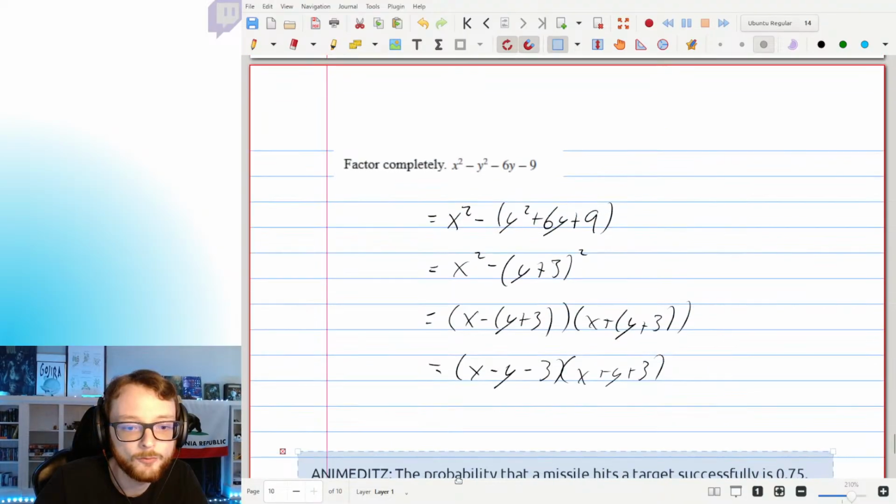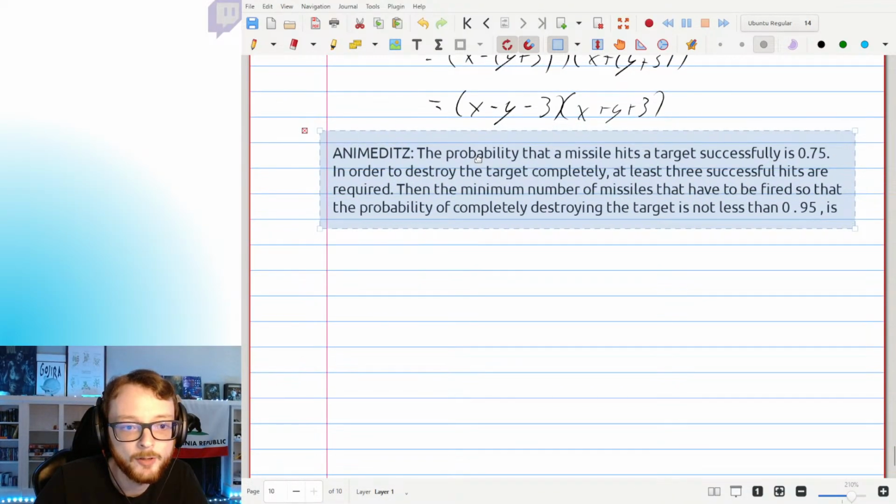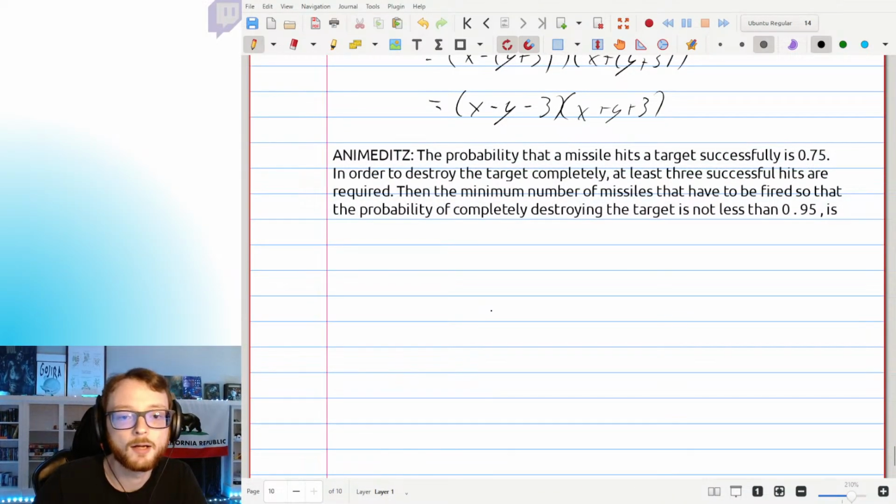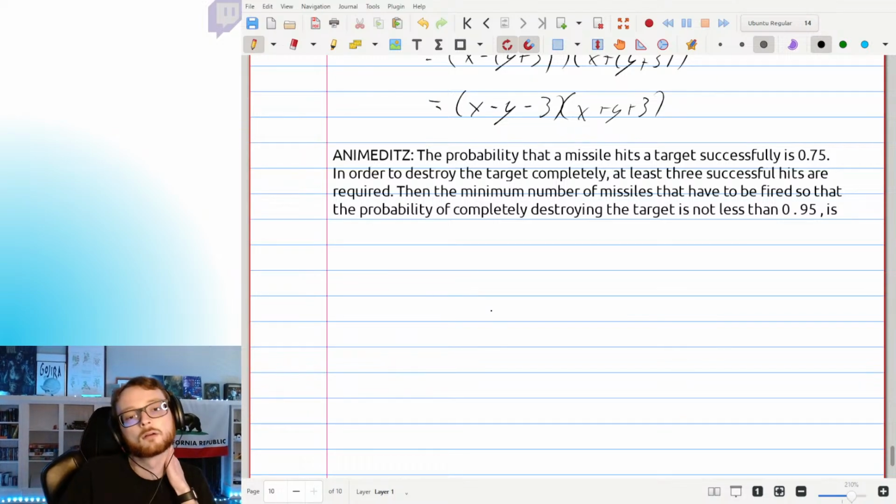Where's their free space? Oh my god, we've done so much math today. Three successful. Oh no, that's not geometric. Oh, that's annoying. This goes off to infinity. Man, okay, I thought this would be simpler than it is.